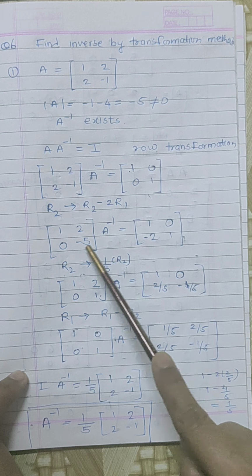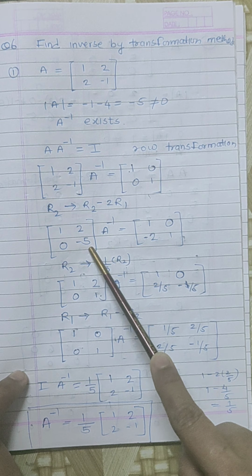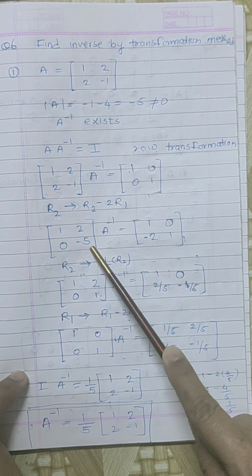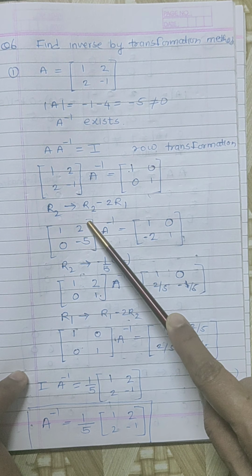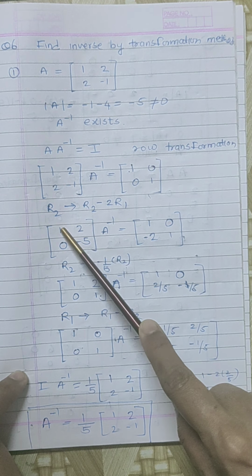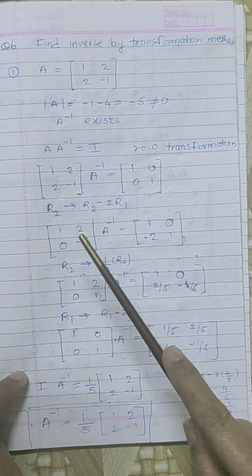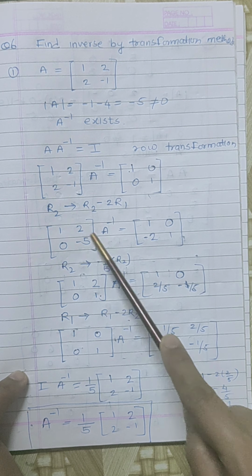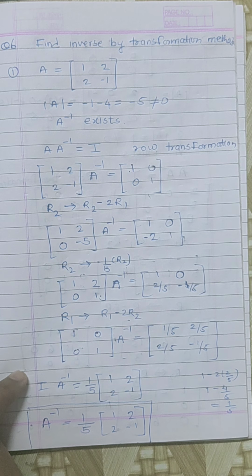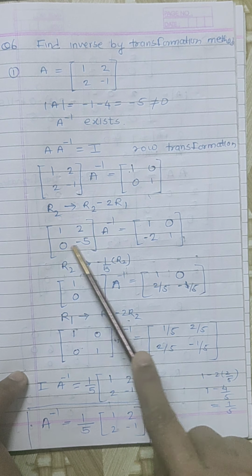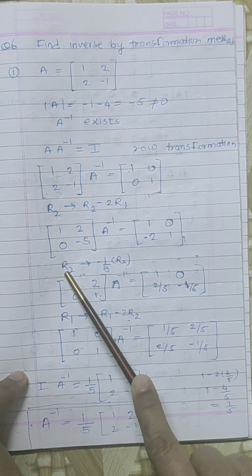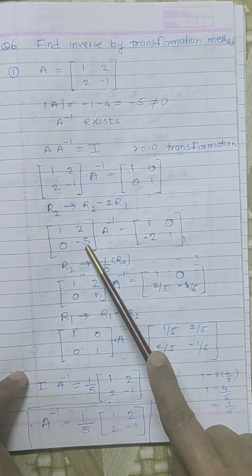Now we have to convert this into 1. But if we do any transformation with R1, then this will also change. So the best way to convert this into 1 is to divide it by itself, so it will become 1. So now we are going to make a change in R2. R2 changes to, here minus 5 is there.